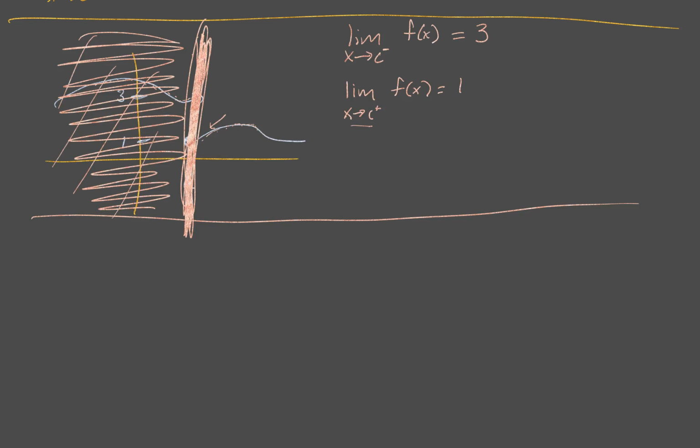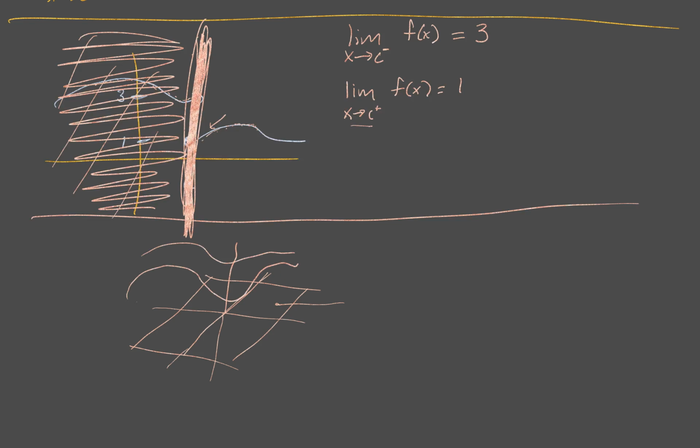Like I said earlier, you can have directional limits if you have a function in more than one variable. Say you've got a function that lives on the complex plane or on the xy plane. My inputs are the plane here, and I've got this surface above the plane that does some weird stuff.